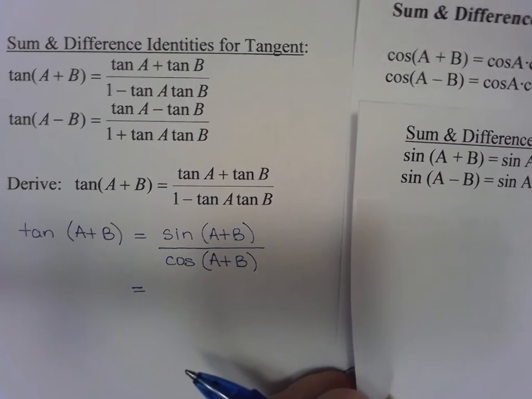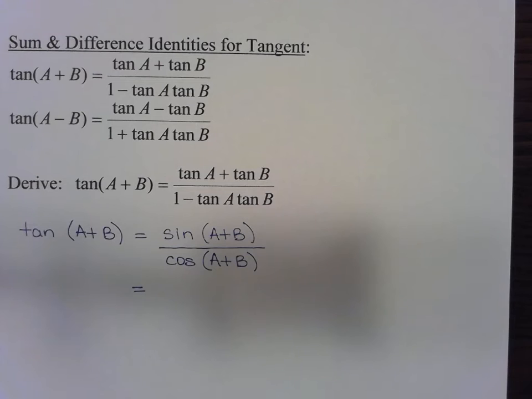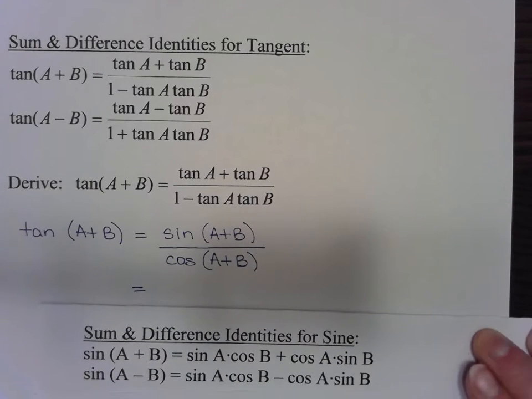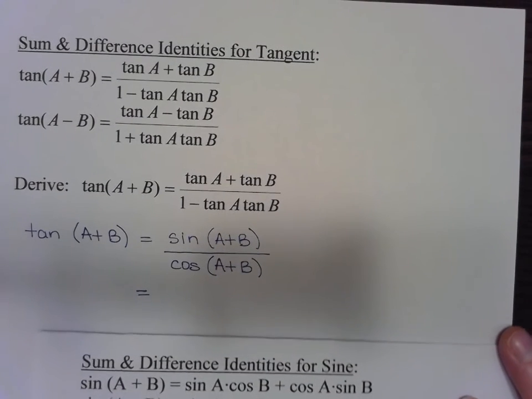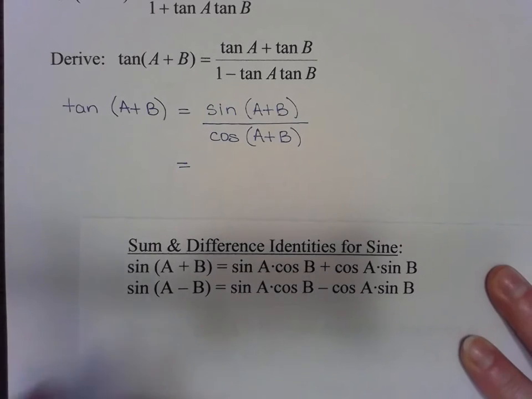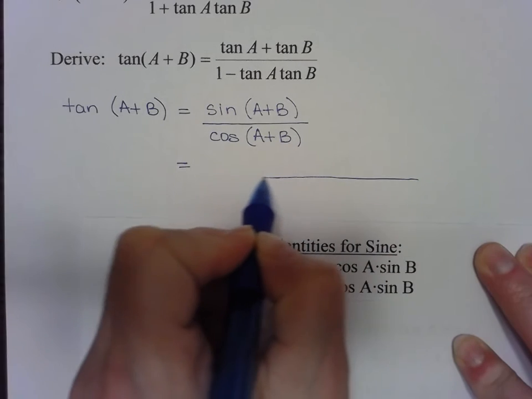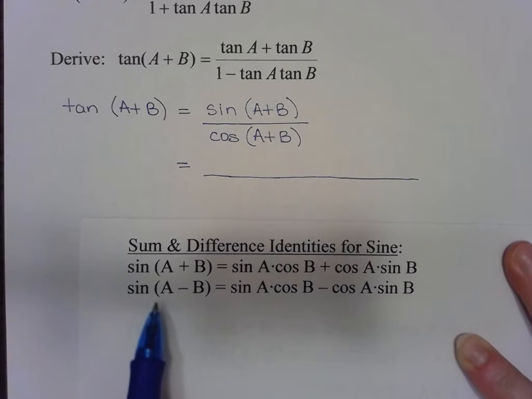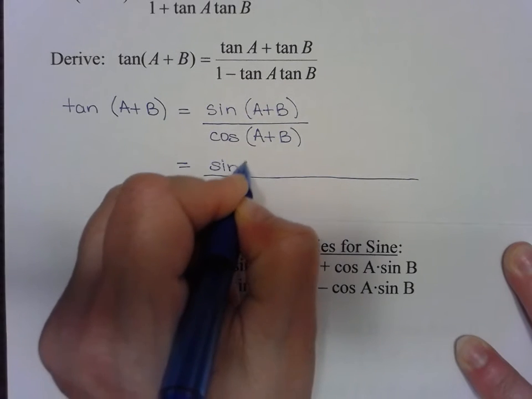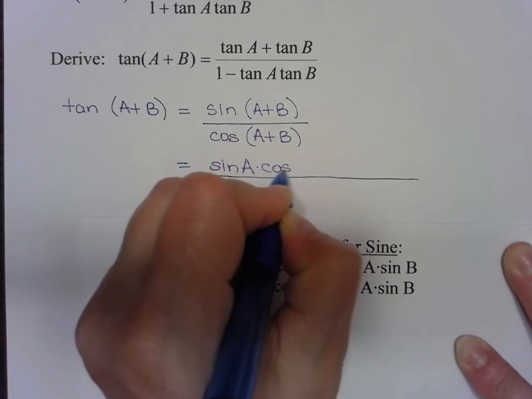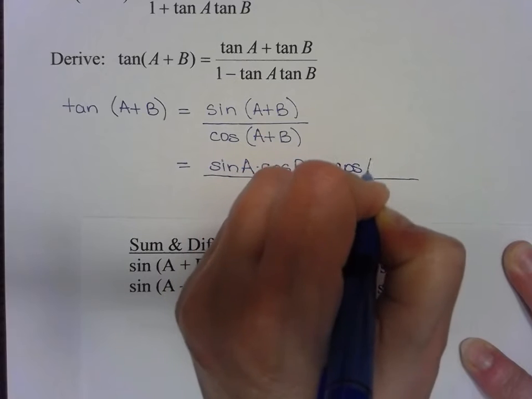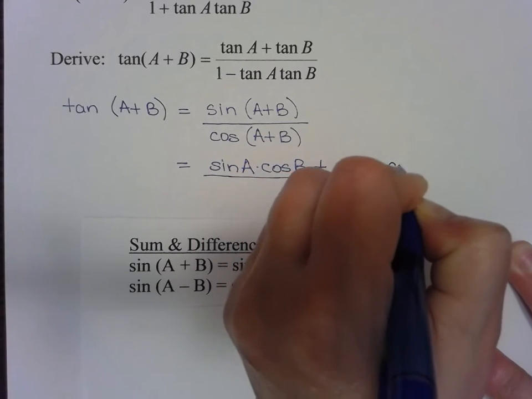Now let's rewrite the sine of A plus B using our identity in the numerator. So the sine of A plus B is the sine of A times the cosine of B plus the cosine of A times the sine of B.